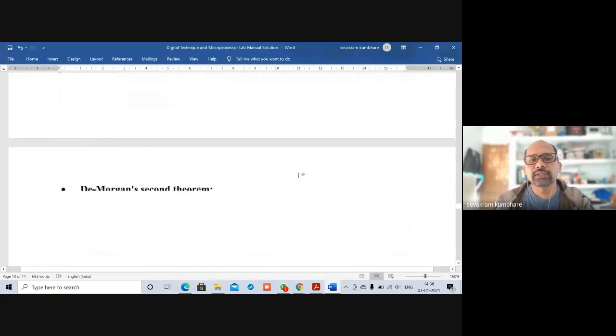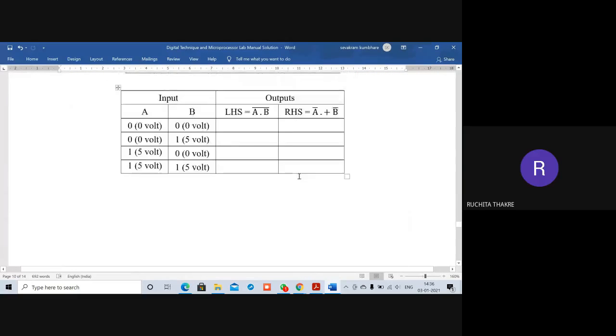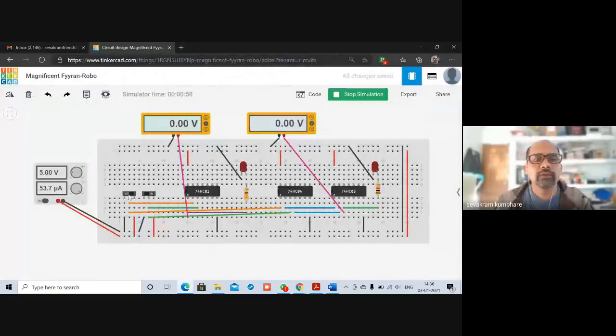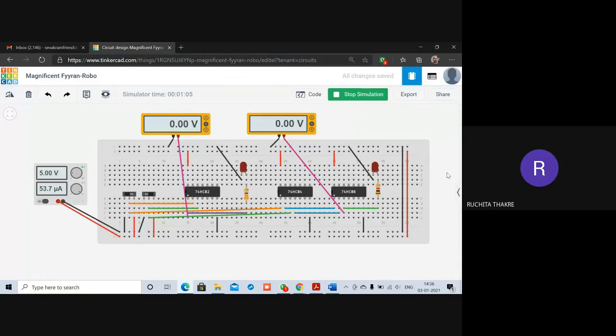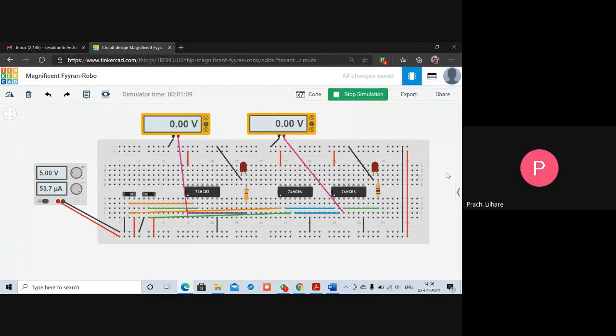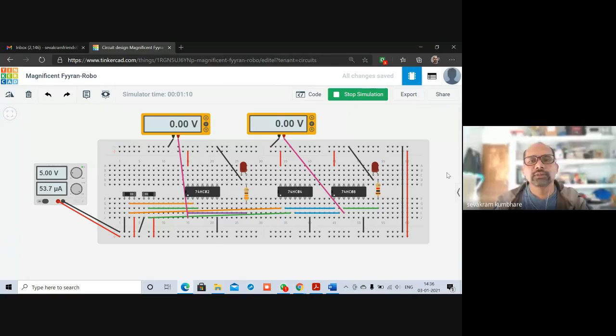Okay, what is the next combination over here? 1 0. So what we'll do? We'll make it 1. We'll make it 0. Okay. Now what is the status on LEDs? Both LEDs off. And what is the output voltage? 0. 0. Okay.